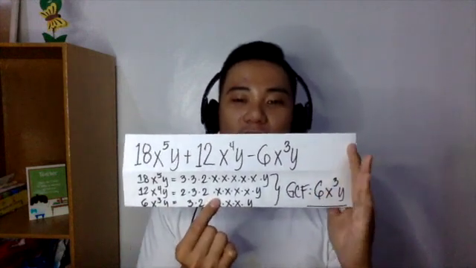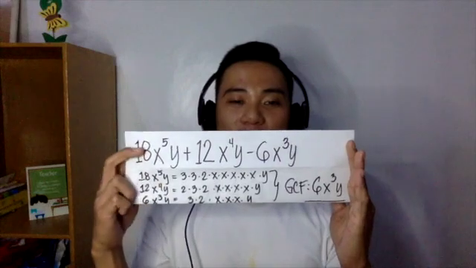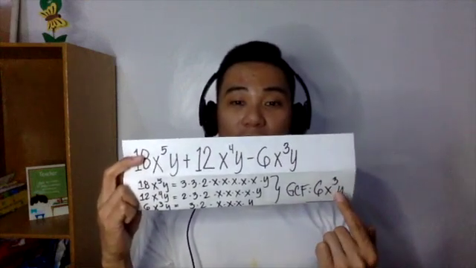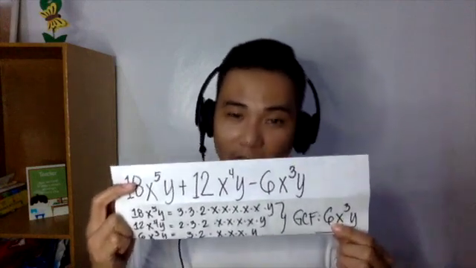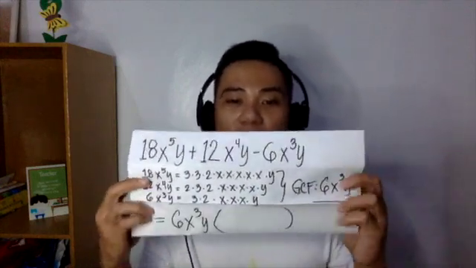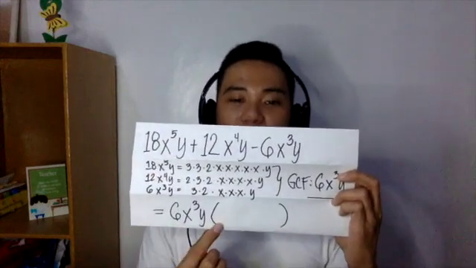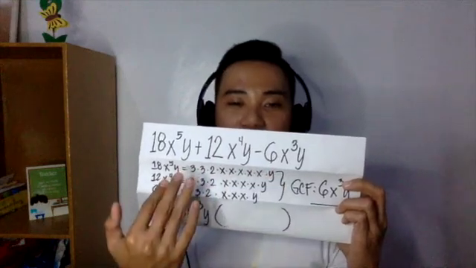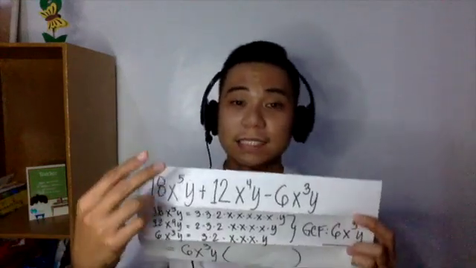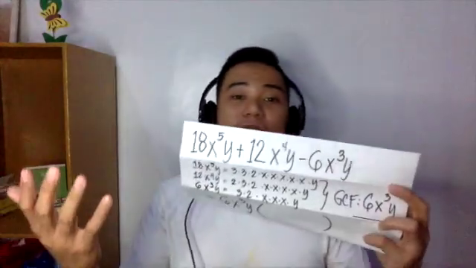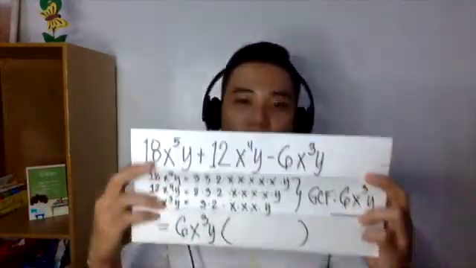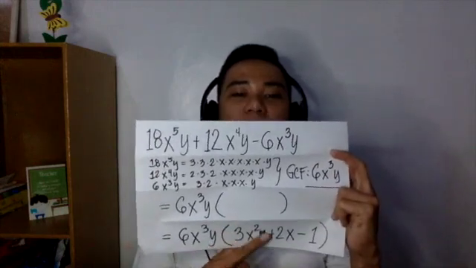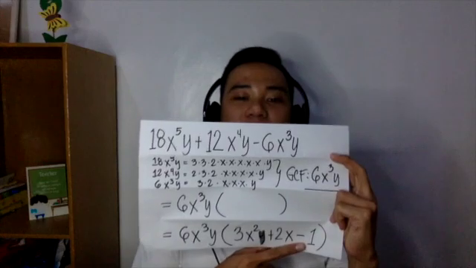The GCF, the greatest common factor of the three terms, is 6x cubed y, and it is our first factor. So what is the second factor? You can use either cancellation of the factors or the division process. Which is the easiest way? It's up to you. The second factor will be 3x squared plus 2x minus 1.